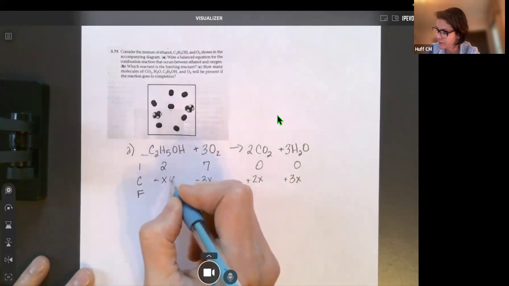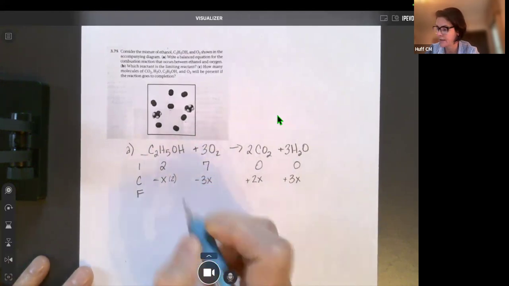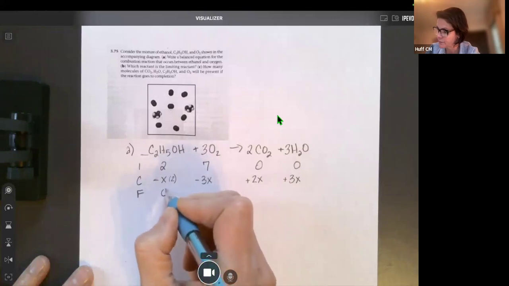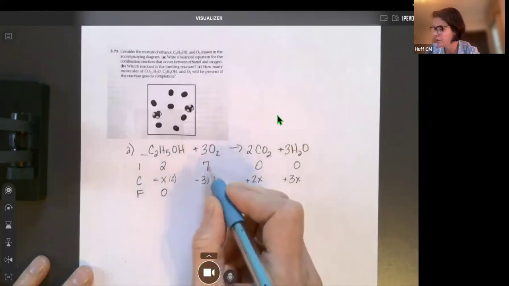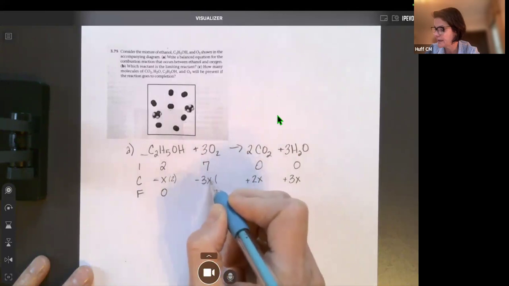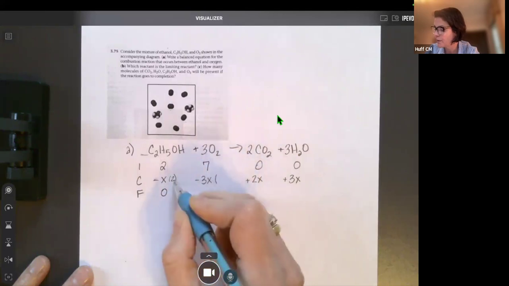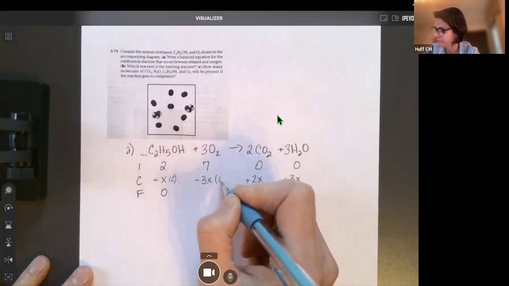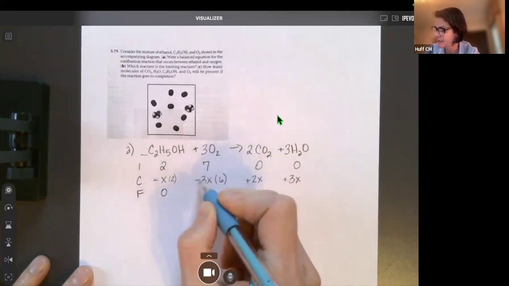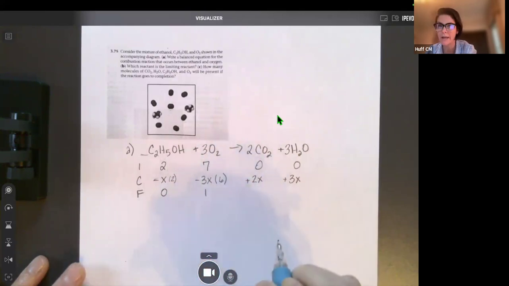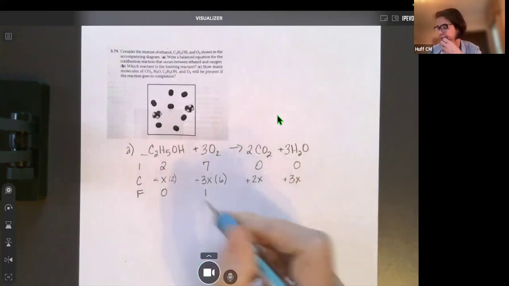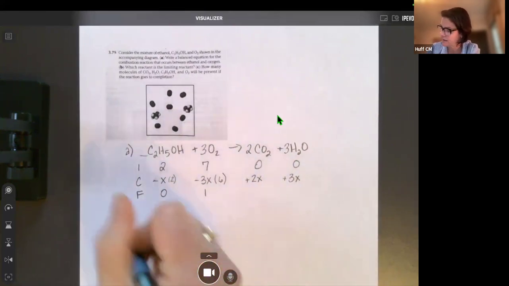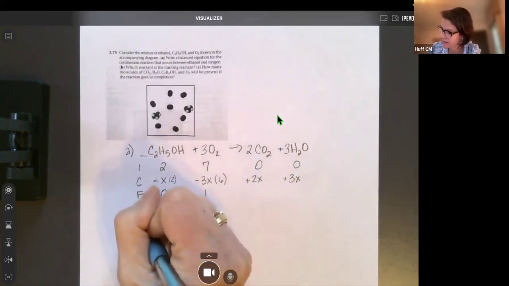If we use all of the ethanol molecules, that would leave us with no ethanol molecules. This is 3 times 2, because remember, x we decided was 2. That's minus 6, so 7 minus 6, we'd have 1 oxygen molecule left over. In this situation, ethanol is the limiting reactant.